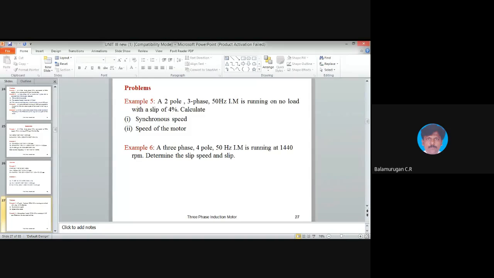So what is the second value? The second value is phi y, and because it is a negative value, we will draw phi y like this. So phi y will be equal to minus root 3 by 2 phi m, and phi z will be 0.